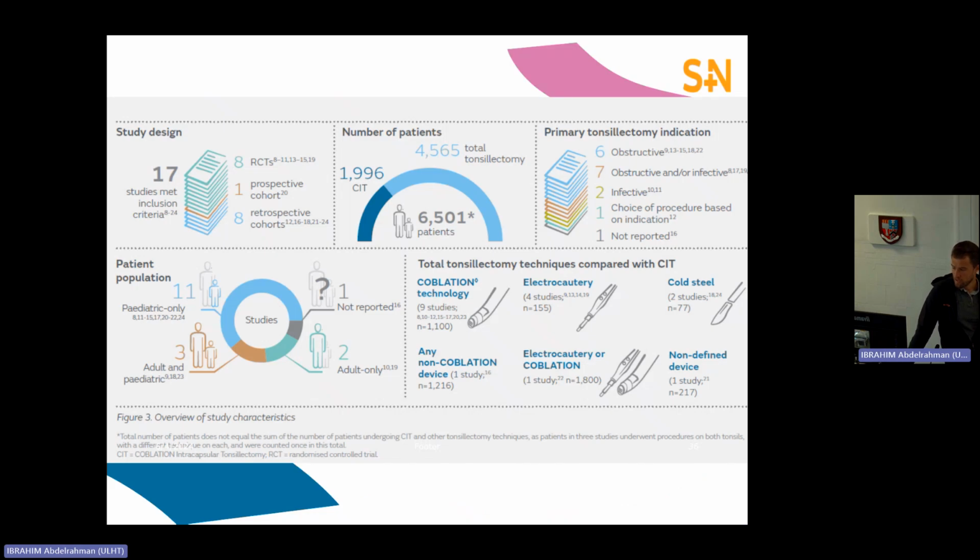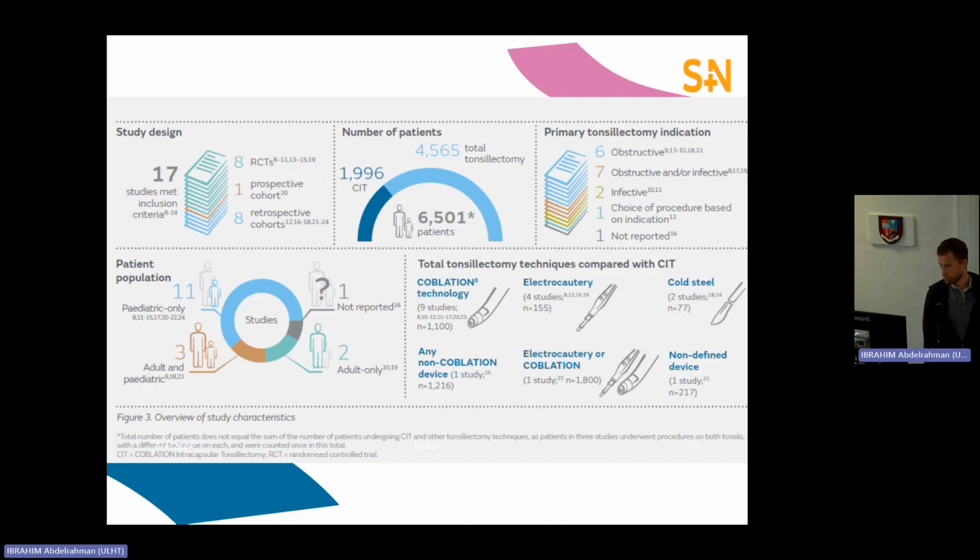And then lastly, this was a big systematic literature review looking at the 2 techniques really, extracapsular total tonsillectomy, whatever you want to call it, versus intracapsular. So you've got just over 4,500 total tonsillectomies versus just under 2,000 intracapsular.